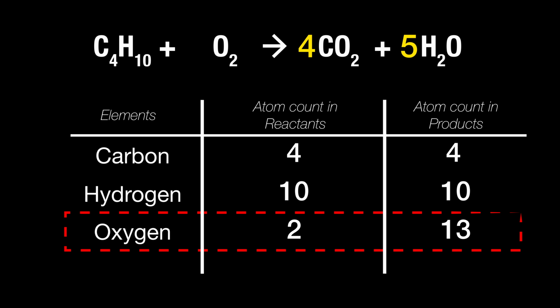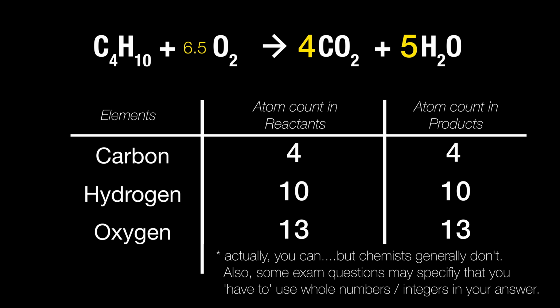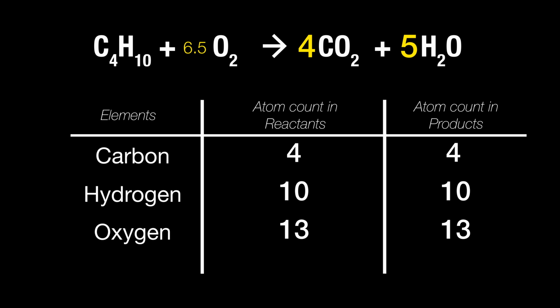Now, the only place we can put a balancing number in our reactants is in front of the oxygen. And to get 13 oxygens, that would need to be 6.5. We can't do that as we need to use whole numbers in our equations. So it might look like we're stuck, but in fact, there's an easy way out.